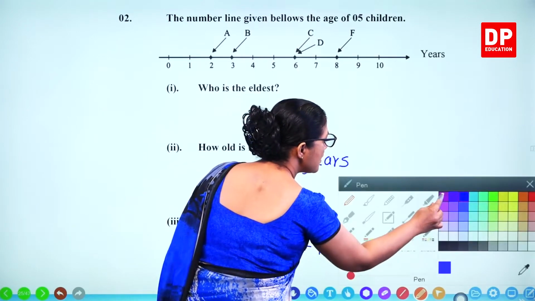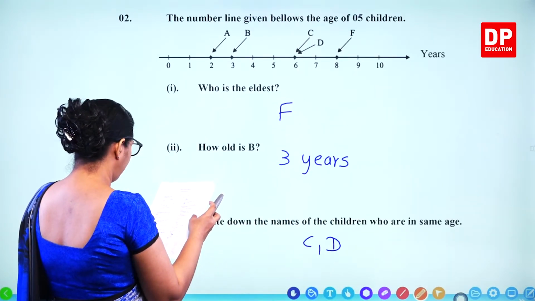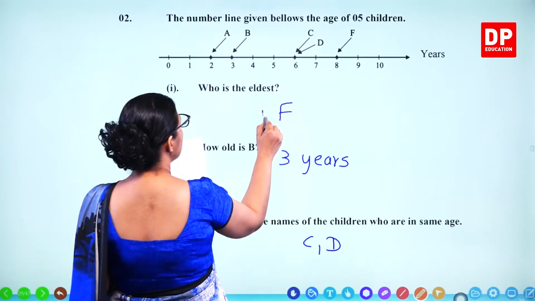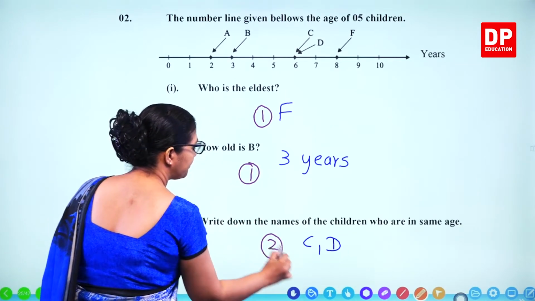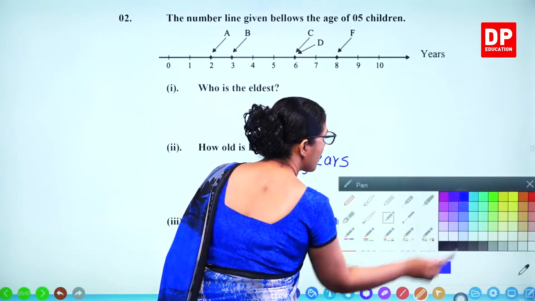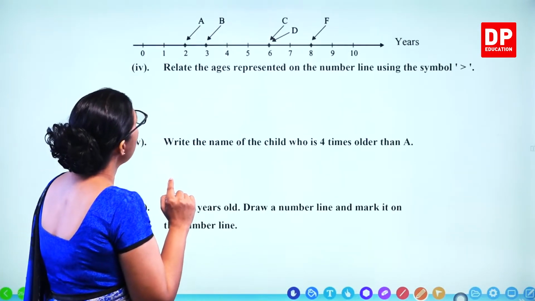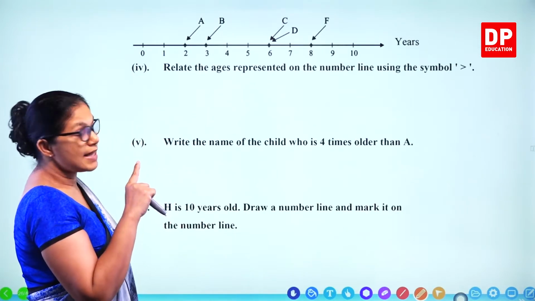How many marks for this one? You are getting 1 mark, 1 mark and 2 marks here. 4 marks altogether. Relate the ages represented on the number line using the symbol greater than sign.